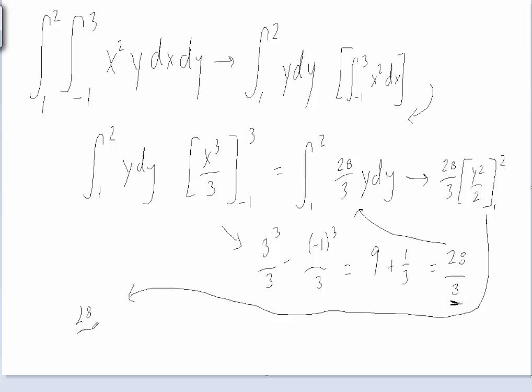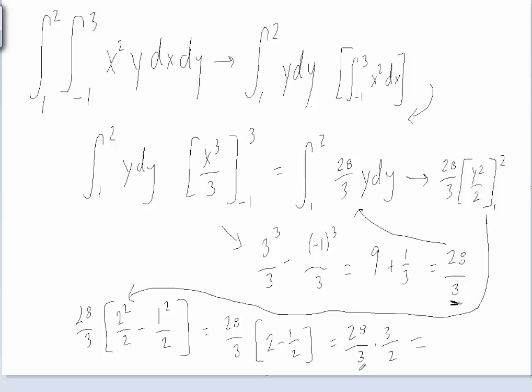So that's going to be 28/3 times 2 squared over 2 minus 1 squared over 2. 28/3 times 2 minus 1/2. 28/3 times 3/2. Canceling, we get 14.